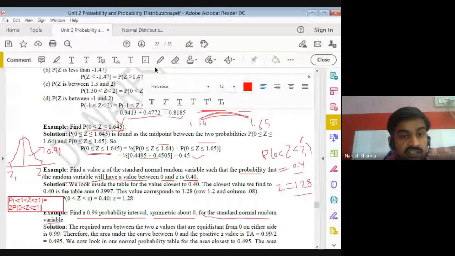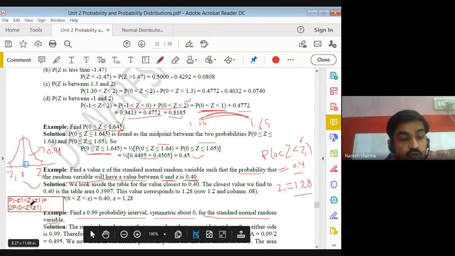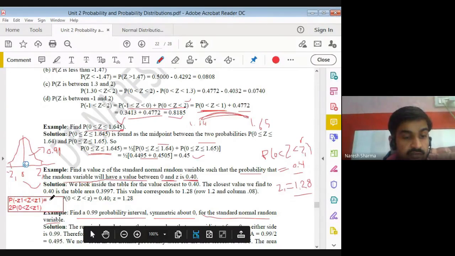As you see, both sides are equal, so we can consider from 0 to z1 and just multiply this by 2, and this probability given to us is equal to 0.99.